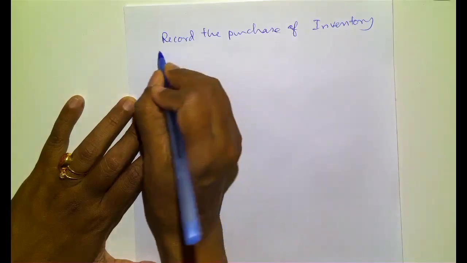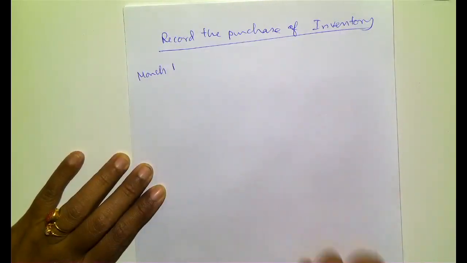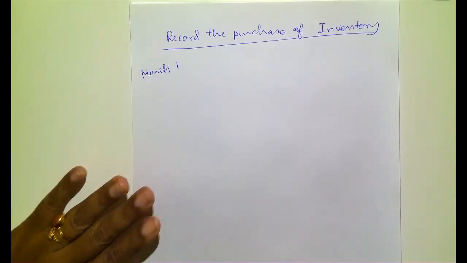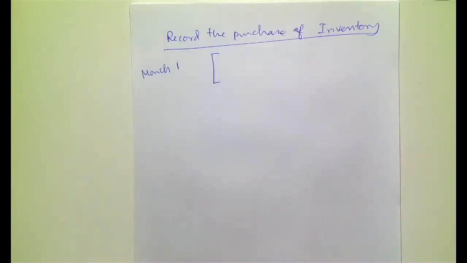Let's make some dates. Say it's March 1st, you purchased inventory, $1,000, and it's on credit. What is the journal entry?